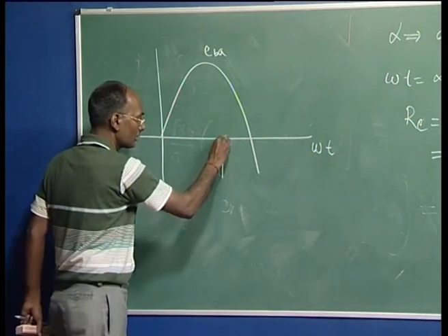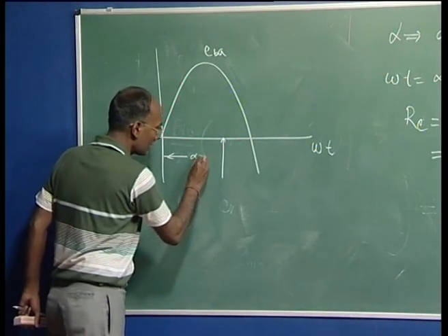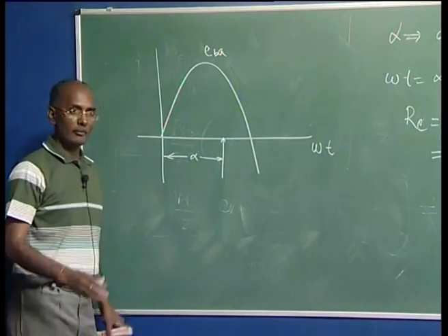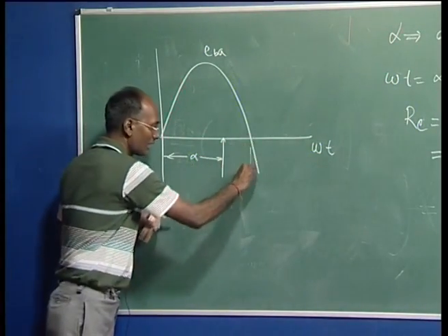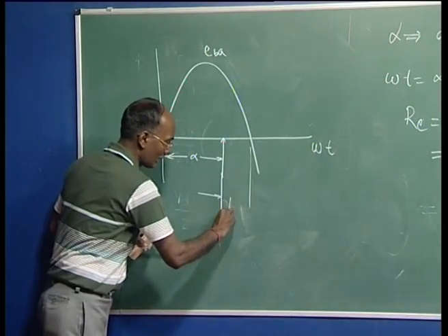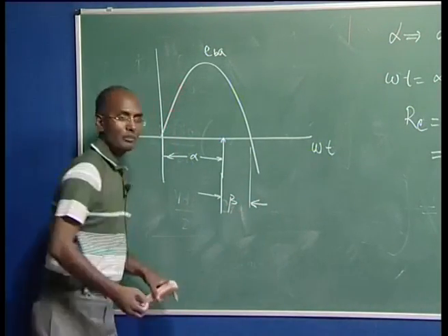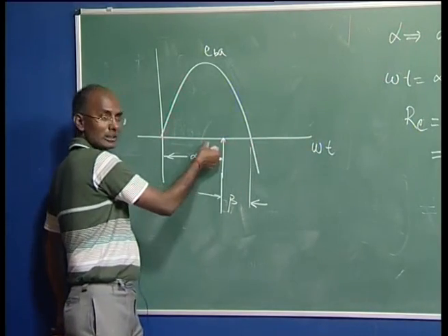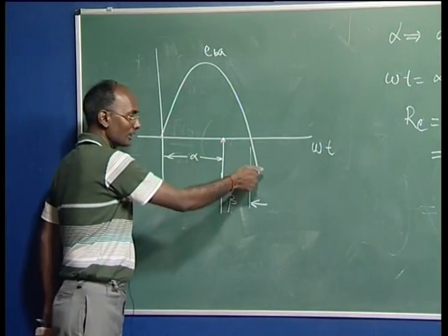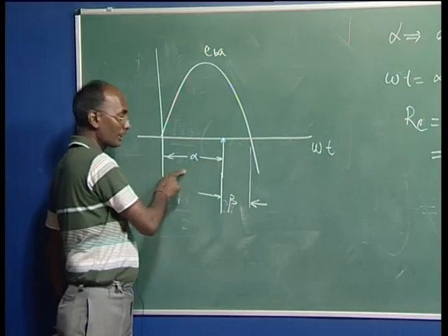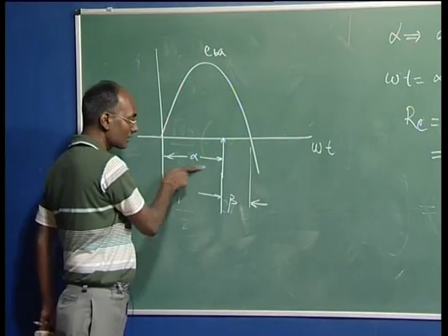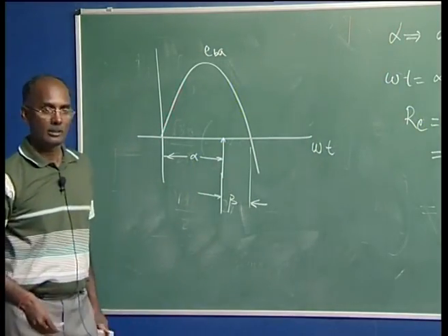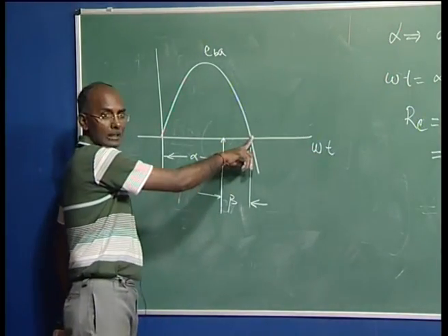Let us suppose this is your alpha degree, that is the delay. So beta is measured as pi minus this, meaning beta is this angle, measured from this side to this side. If beta is increasing, you are coming here, meaning alpha is decreasing. Beta increase means alpha decrease, or alpha increase means beta decrease, because beta is measured from 180 degrees.